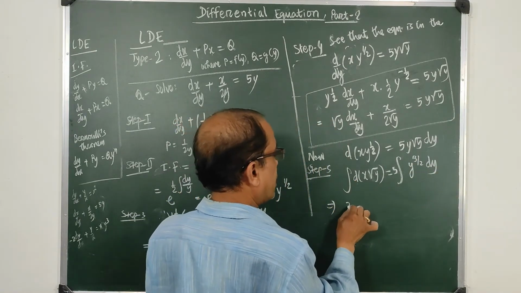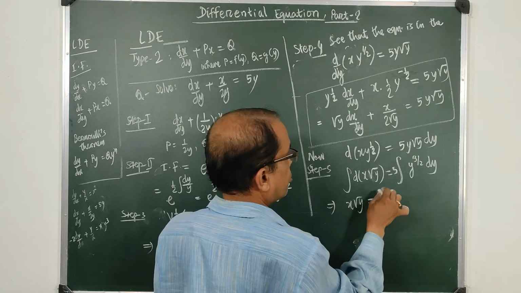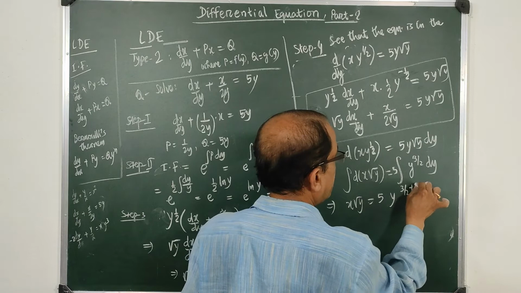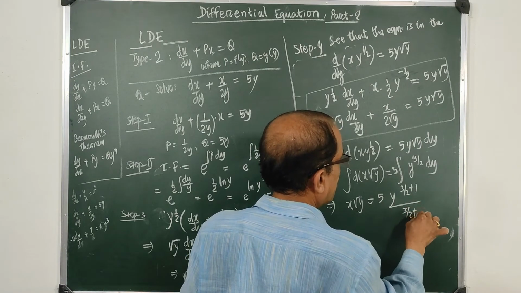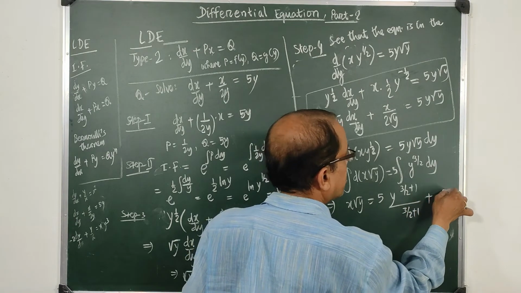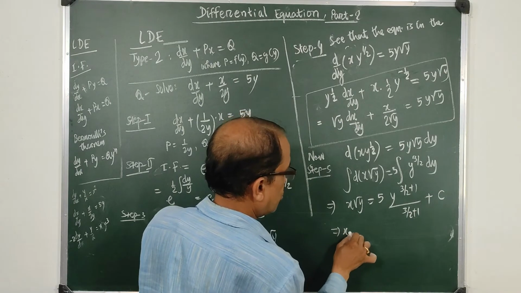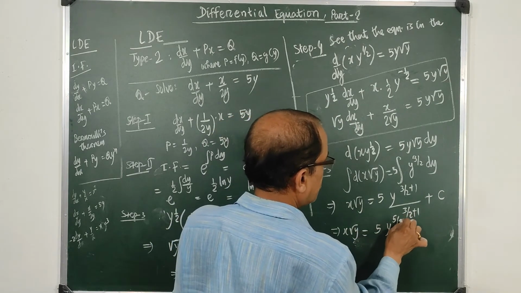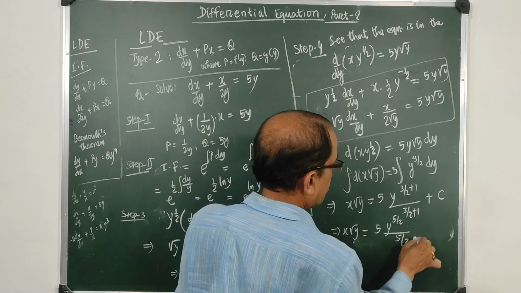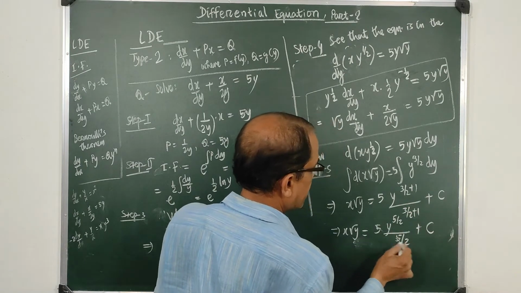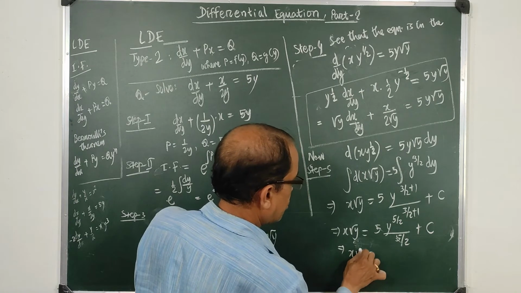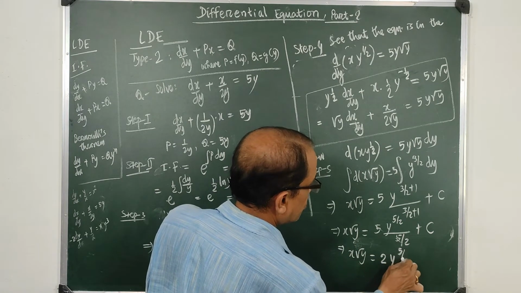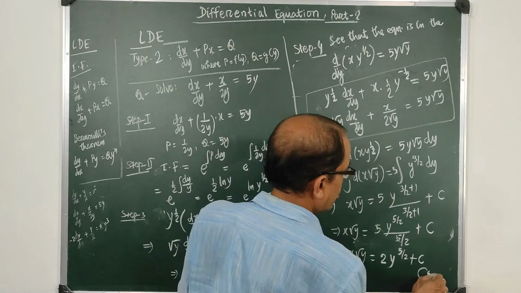So you get x root y is equal to 5 times y to the power 3 by 2 plus 1 divided by 3 by 2 plus 1, plus c. That means x root y is 5 y to the power 5 by 2 divided by 5 by 2 plus c. 5 cancels, and you get x root y is equal to 2 y to the power 5 by 2 plus c. This is the solution.